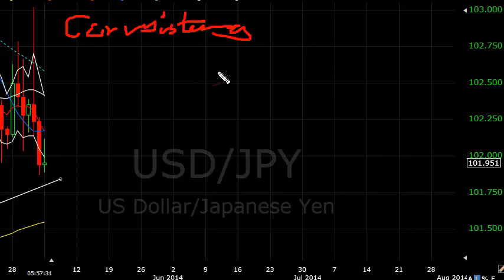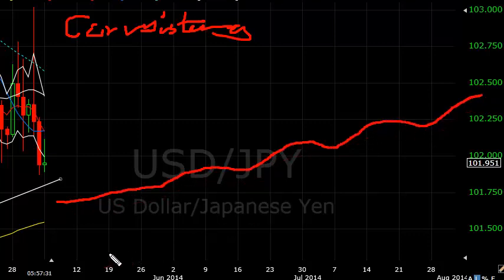Consistency record. What I mean by that is you have different paths of getting an equity curve from the bottom left to top right. You can have nice and steady Eddie, like this, or you could have an equity curve that looks more like this.